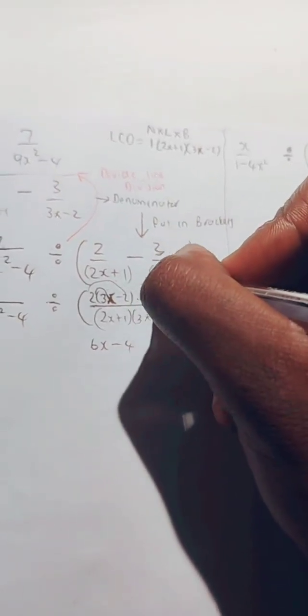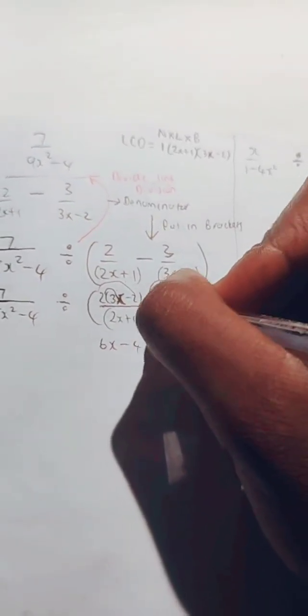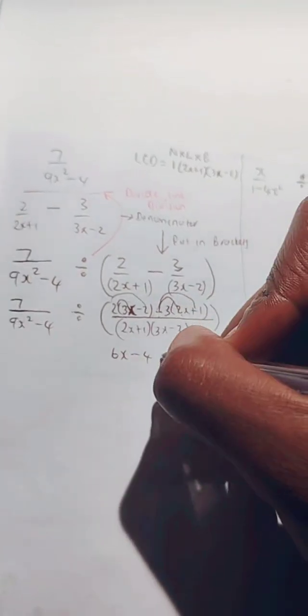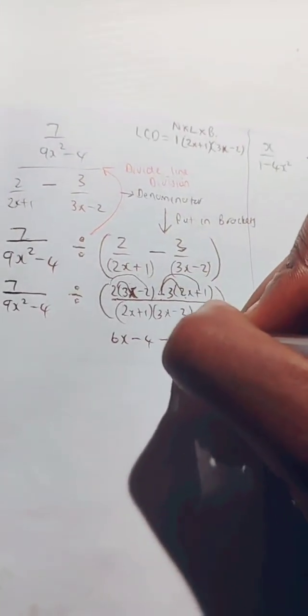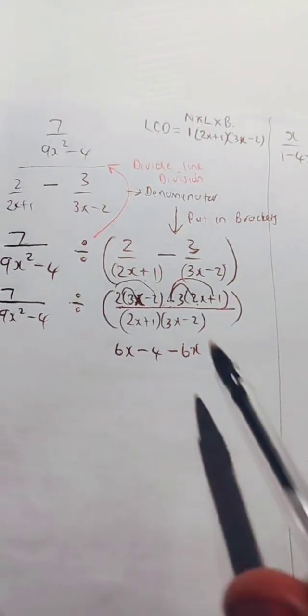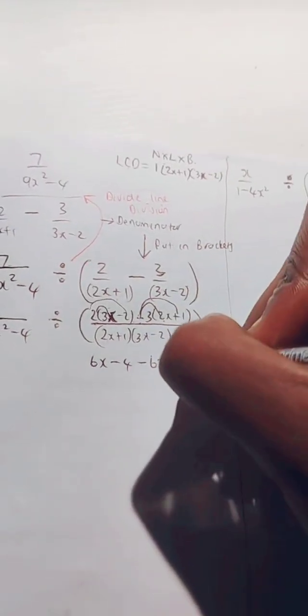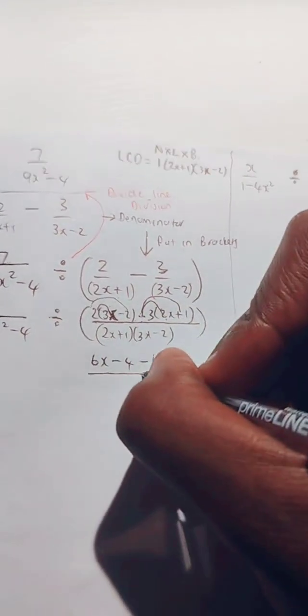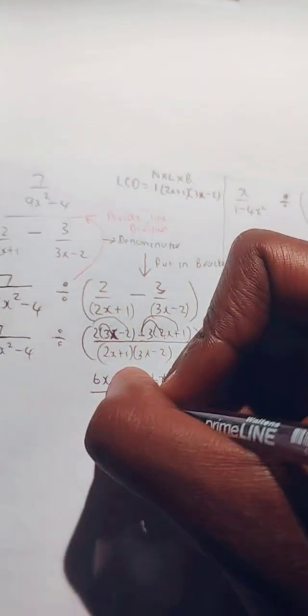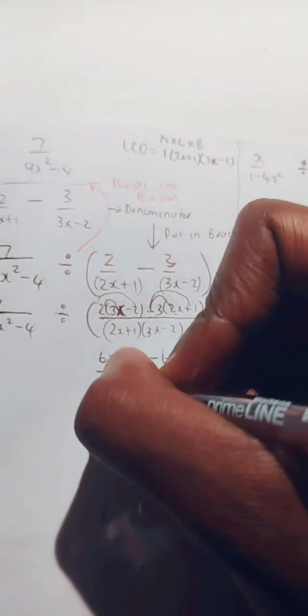Negative 3 into 2, negative 3 into 1. Negative times a positive, negative 3 times 2 is negative 6, the x next door. Negative times a positive, negative 3 times 1, negative 3. That's going to be all over the same LCD.